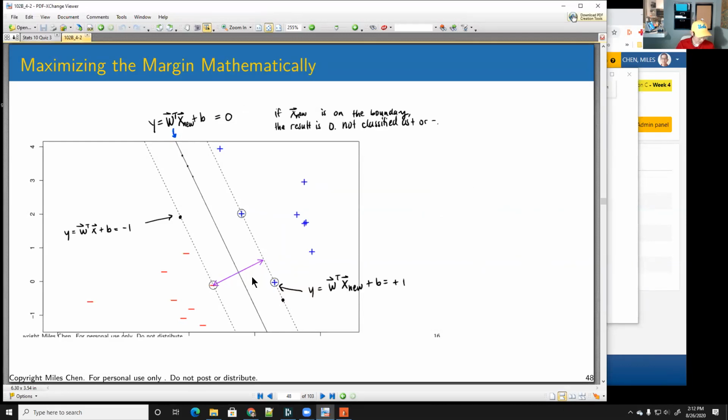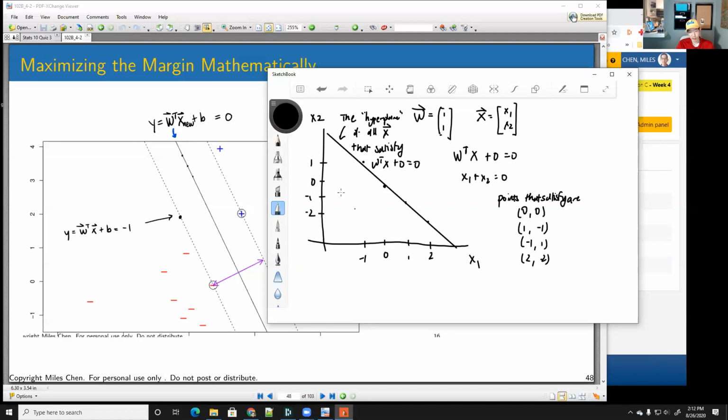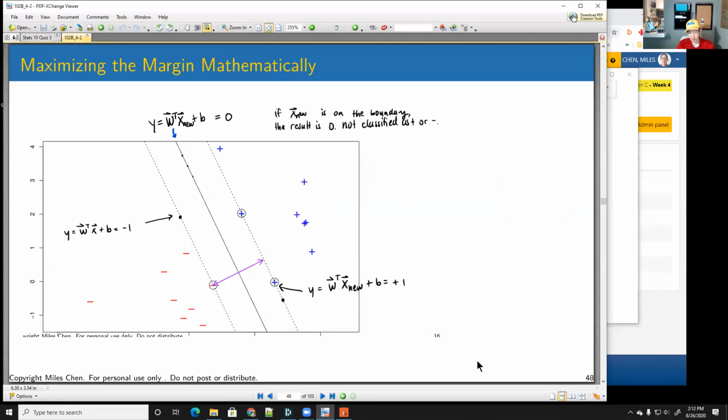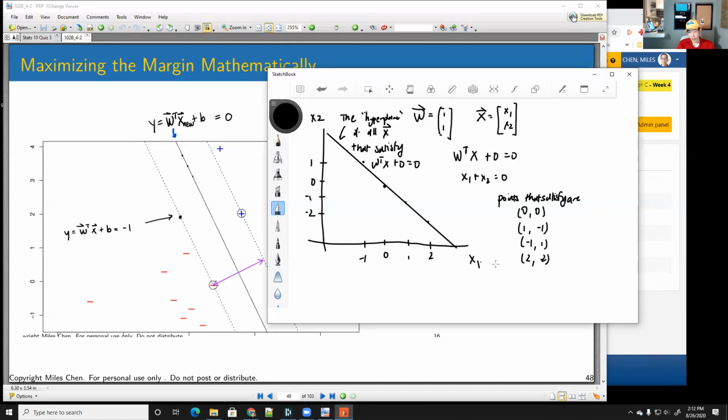Okay? And I know it's a little bit strange. We're accustomed to just seeing lines as y equals mx plus b, but you can also define lines as the set of all x that satisfy W transpose x plus b is equal to some constant, okay? Let me further illustrate this.